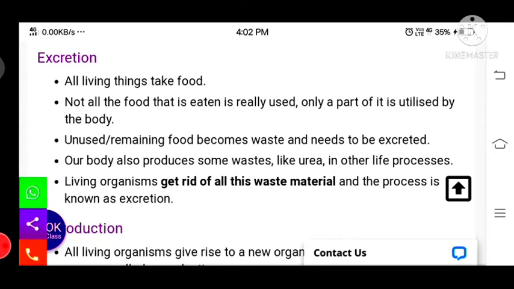Excretion. All living things take or eat food. Not all the food that is eaten is really used. Only a part of it is utilized by the body. It means that what we eat, not all 100% of it is used.